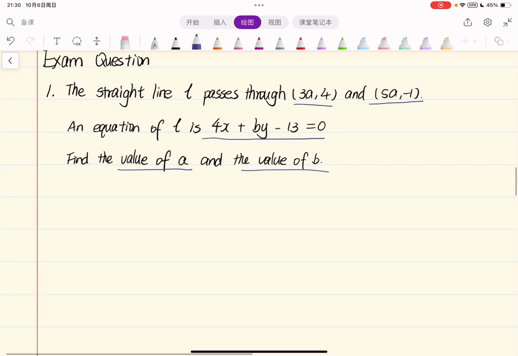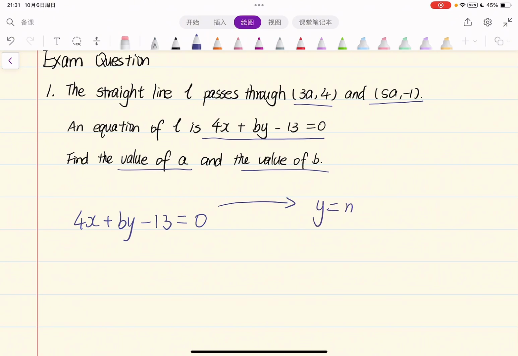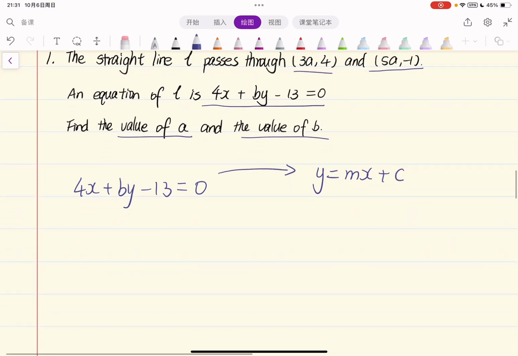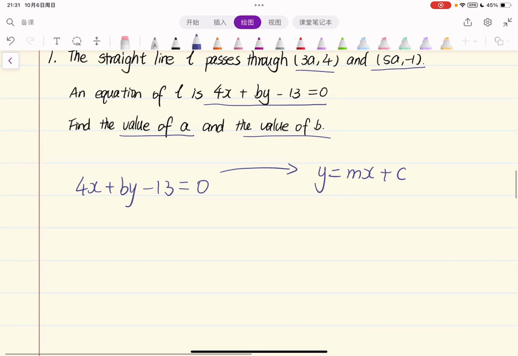From the equation of L, 4x plus by minus 13 equals 0, we can transform it into the form y equals mx plus c to find the gradient of this equation. So we want to find m.